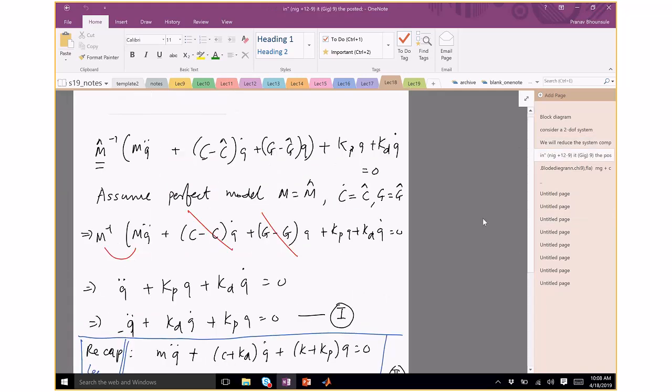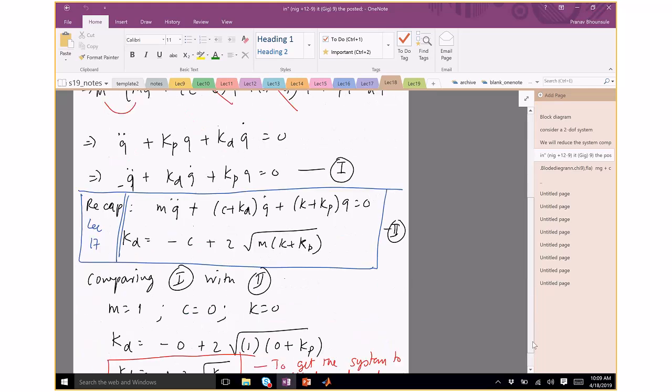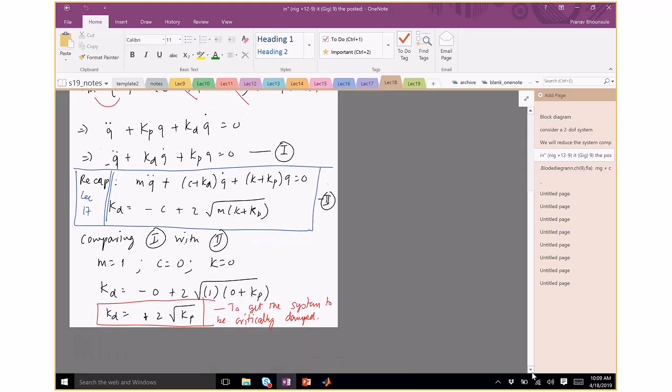This is a spring mass damper system where mass is 1, damping is Kd, and the spring stiffness is Kp, but you can choose these things. And it turns out that to make it critically damped, all you need to do is choose Kd equal to square root Kp.